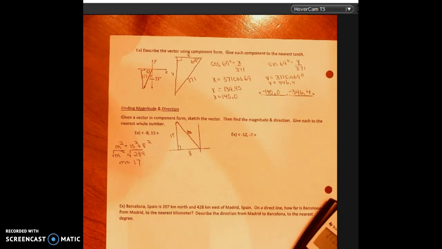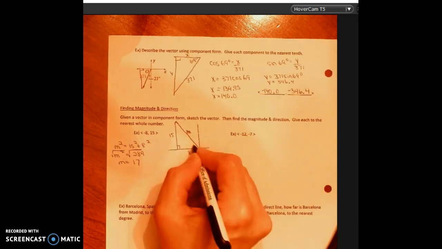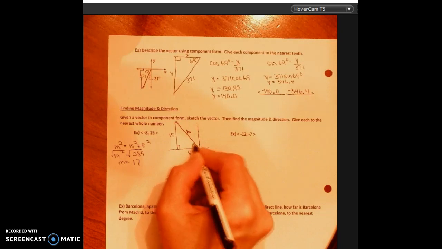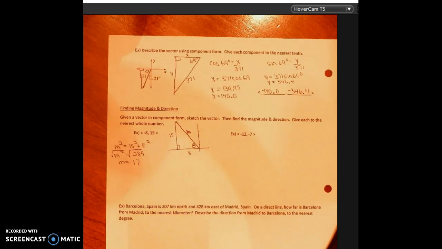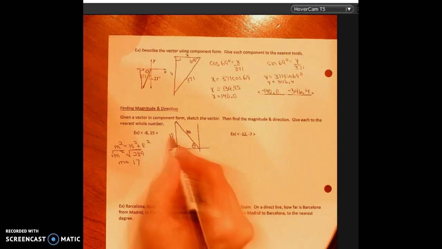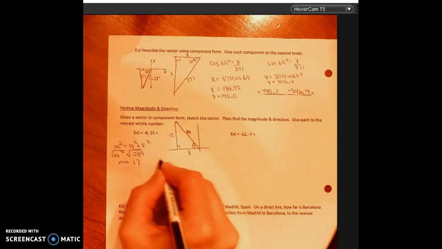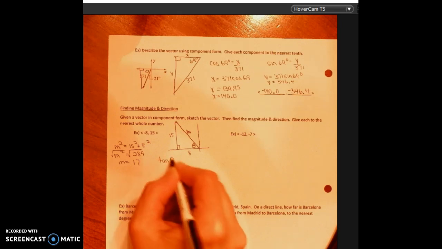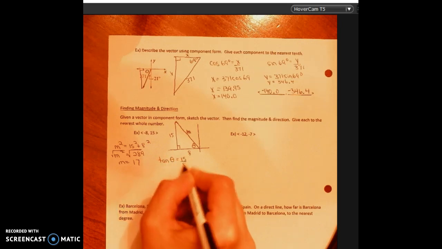Next thing we're looking for is the direction. We're looking for this angle in here. I'm going to introduce a new variable that we often use when we're dealing with vectors, and that's the symbol theta. So we have opposite over adjacent. That's going to be tangent. So we have tangent of theta equals 15 over 8.